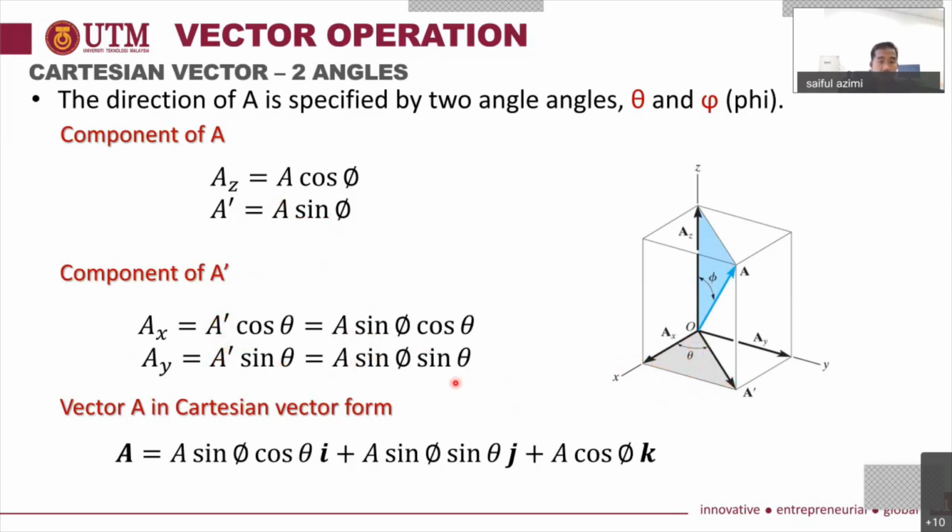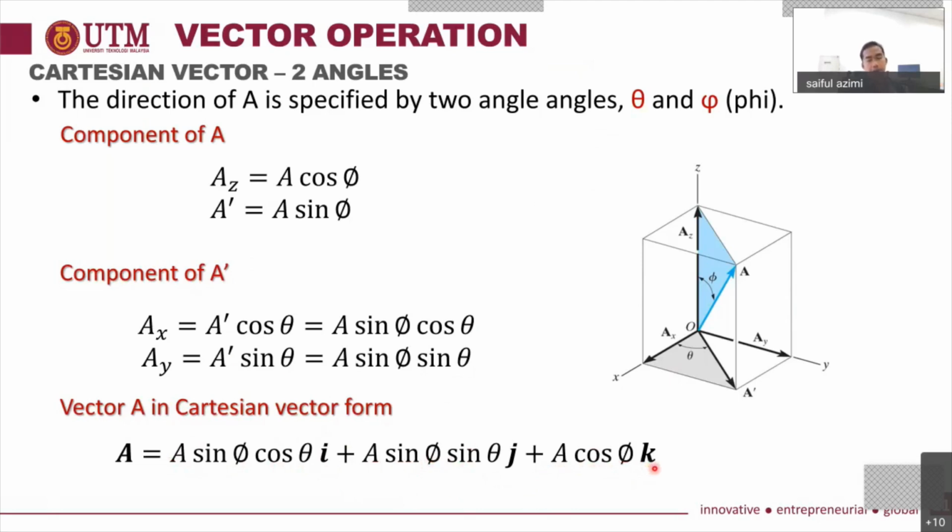If the question asks you to represent your Cartesian vector form by using only two angles, theta and phi, the equation that you will get is: A sine phi cos theta i plus A sine phi sine theta j plus A cos phi k.